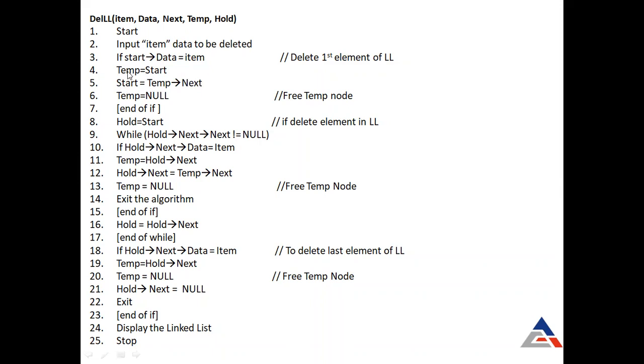Right. So from point 1 to 7 means that if the element we want to delete is the first element in the linked list. Hold again is a temporary variable I have used over here. It's holding the start variable. So the eighth point will occur if the if condition in point 3 becomes false, that is, the item that I have entered is not the first item.